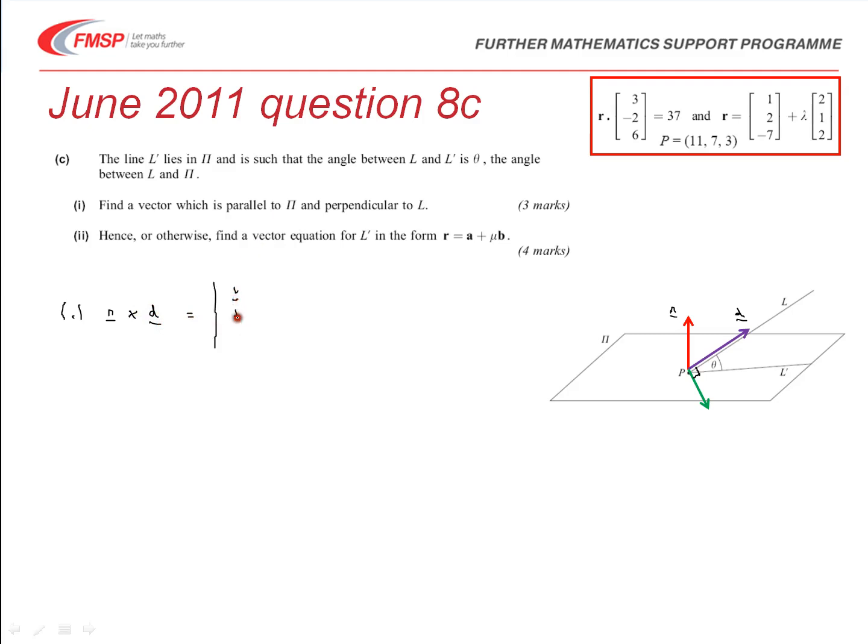So it's i, j, k, and the normal is 3, negative 2, 6, and the direction vector is 2, 1, 2.